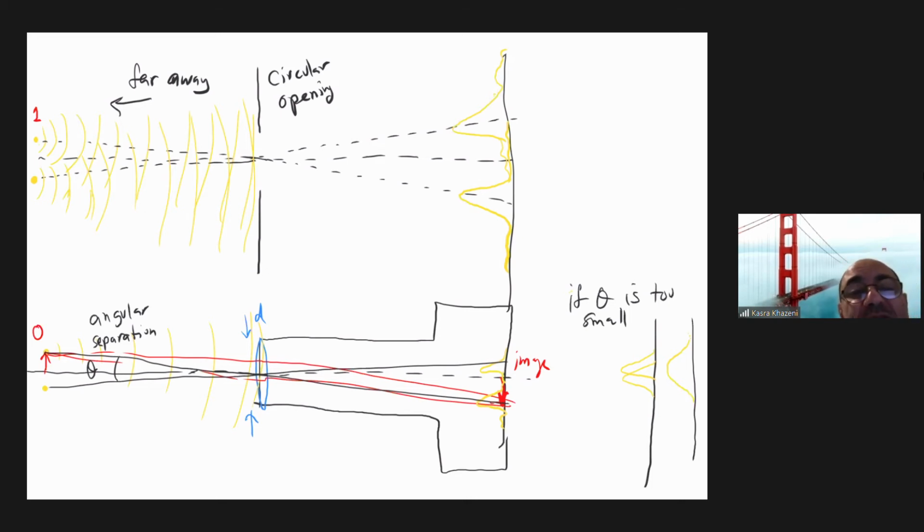You don't know that these are actually 2 points. So the question is, what angular separation should they have before you can actually tell that what you're looking at is 2 points? Because right now, if it's too small, I'm looking at this and I go, what is that? That doesn't look like 2 points. It looks like one bump. So then I don't know that there are actually two of them. So the camera cannot, what they call it, the camera cannot resolve.